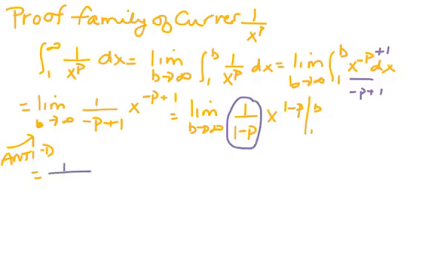So I'm going to pull it out in front, and then I'm going to put b and 1 into the fundamental theorem of calculus, and this is b to the 1 minus p minus 1 to the 1 minus p. And this term, 1 raised to anything, is going to be 1. So I'm going to rewrite this limit again.